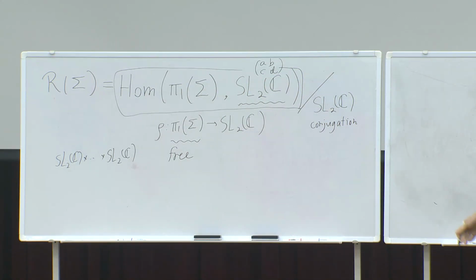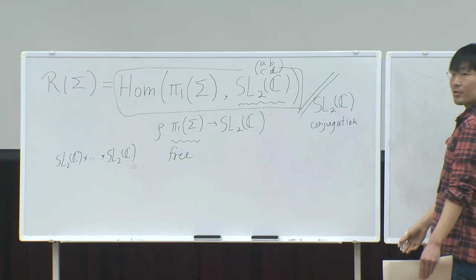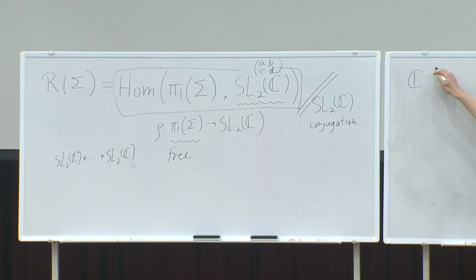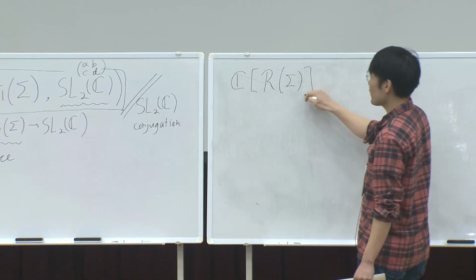And usually if you quotient out by a group action, things might not be very good. So in fact, I have to take what's called the GIT quotient. That's what I'm doing. And what is really relevant here is what the nice functions are. Well, in the algebraic geometry language, what are the regular functions? So I can write something like this. So regular functions.